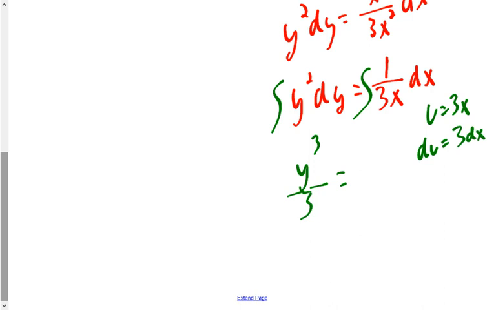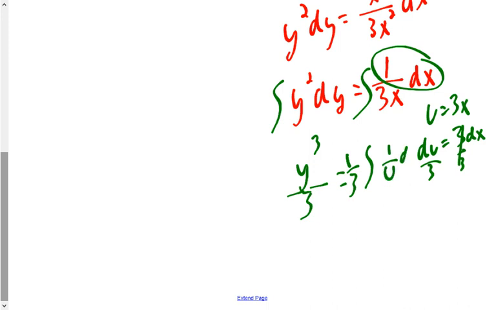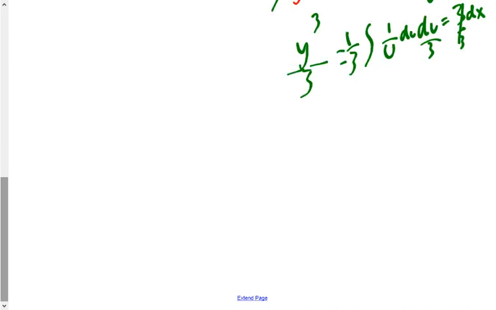I want 1 dx, so I can divide that by 3. And then I'm left with 1/3 the integral of 1 over u du. Integral of 1 over u du, or u prime over u, another way to say that, is the natural log.